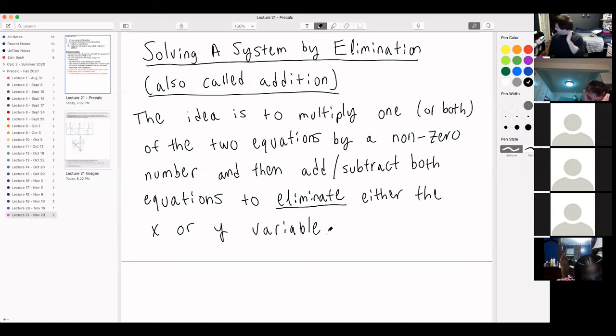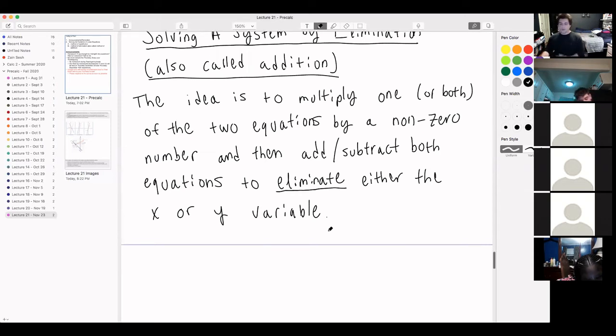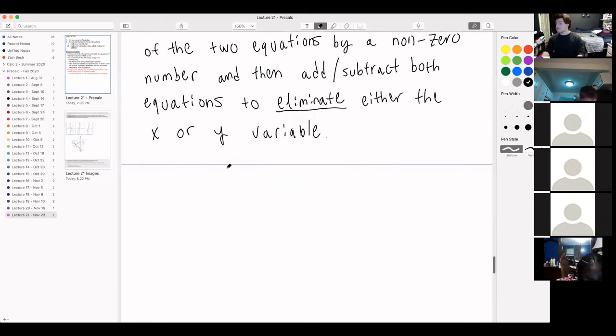And that's an attractive thing, because if you can eliminate one of the two variables, then you just have one equation in one variable, and we know how to solve that. So we're just going to demonstrate the strategy with an example.